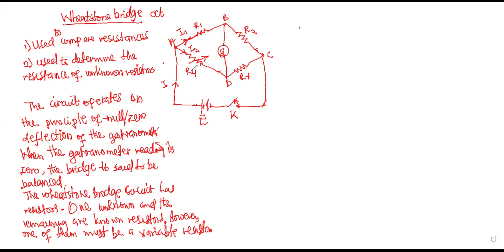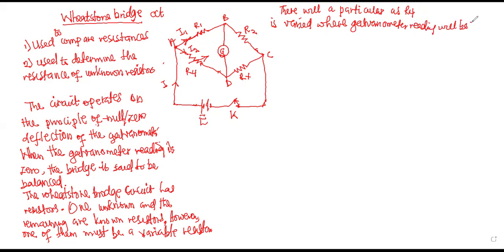As R4 is being varied, there will be a particular resistance of R4 where the galvanometer reading will be 0.